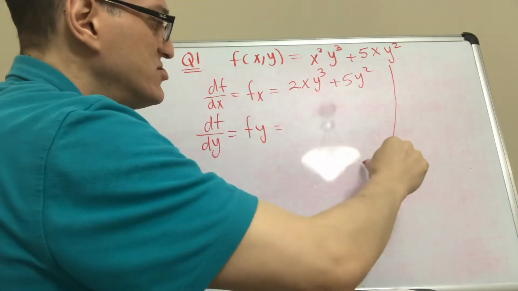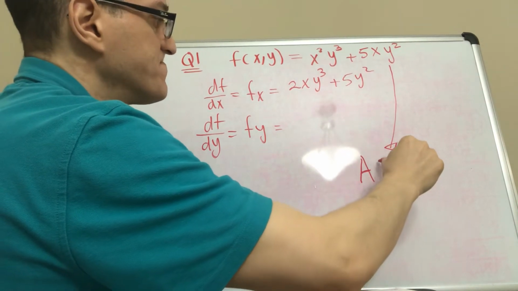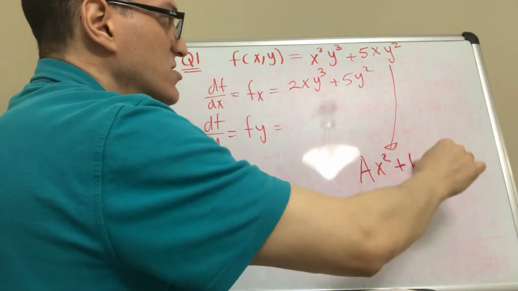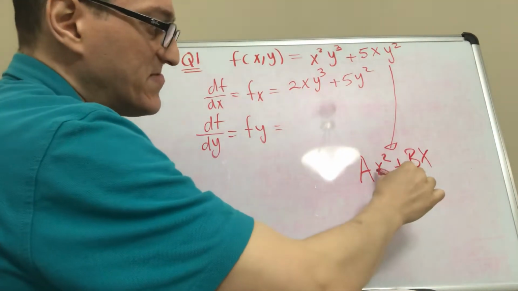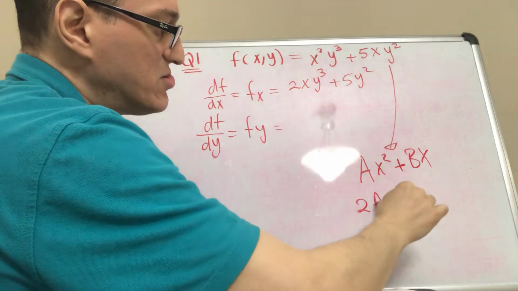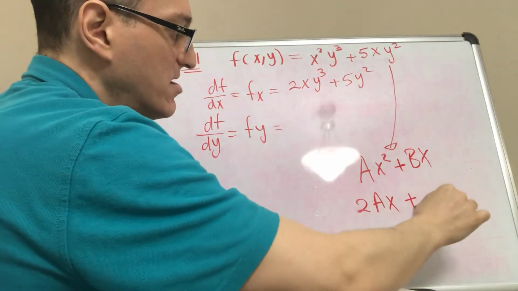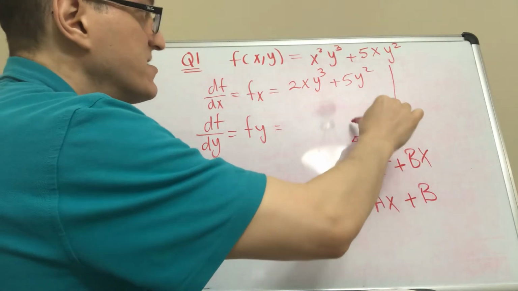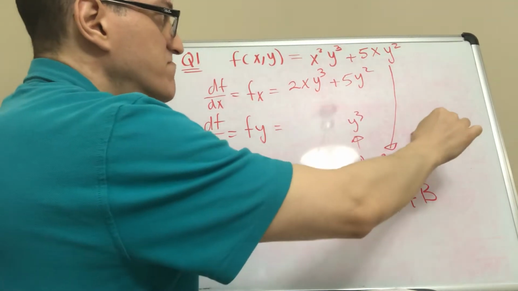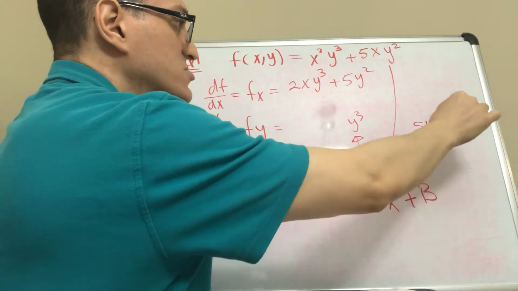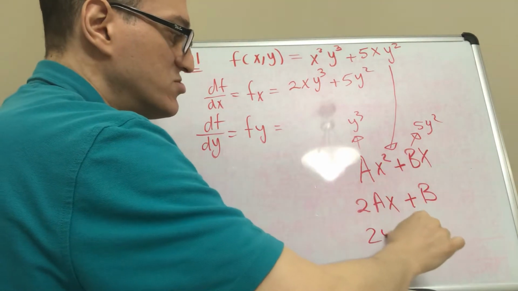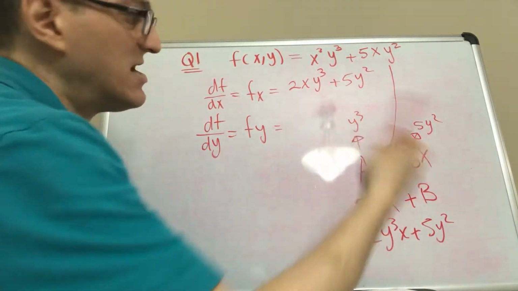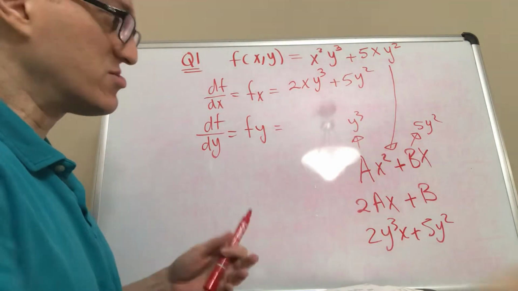So y cubed, I'm gonna call it a, and 5y squared, I'm gonna call it b. So if I find the derivative of this, it would be 2ax plus b. And a is y cubed, b is 5y squared, so I put them back. So it would be 2y cubed x, 5y squared. That's another way of looking at it, if you're not good with this.